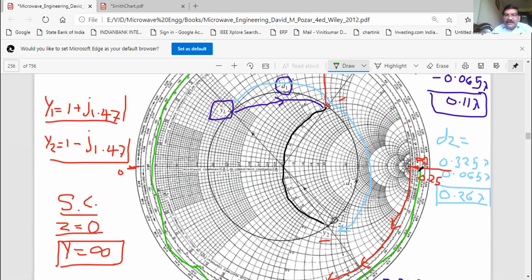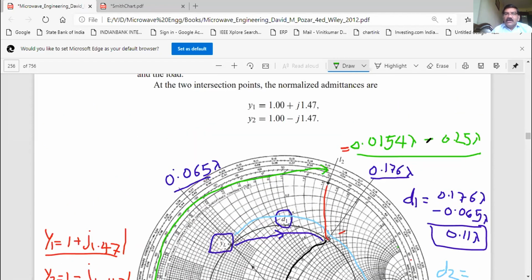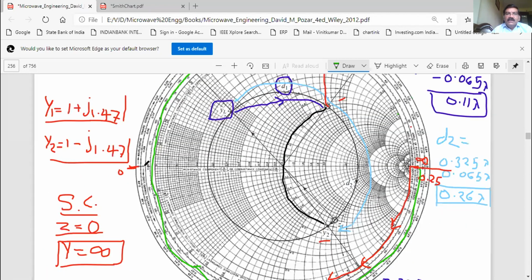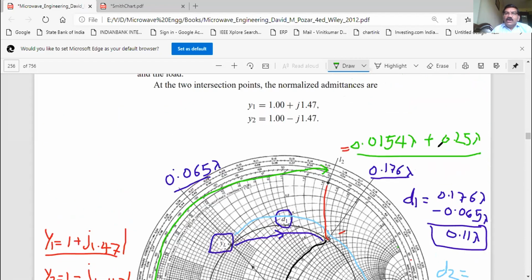If I take the lower half, this is 0.25, and I have to add this much, because I want this much and this, and your Smith chart starting point is from here. So it is the addition of these two.